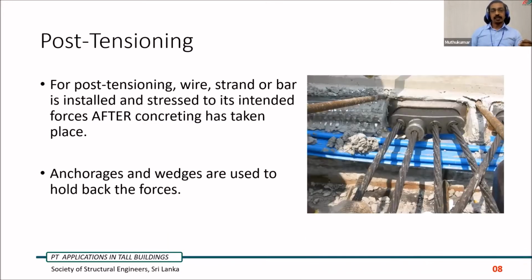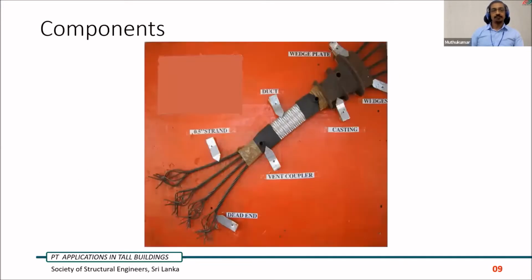Generally in buildings, we use post-tensioning, where pre-stressing is applied after the concrete is cast. Here the forces are held temporarily using anchor blocks and wedges. The basic components are the stressing end and the dead end.